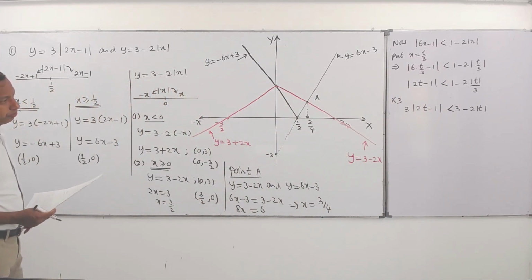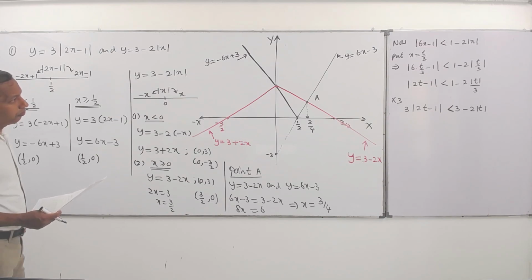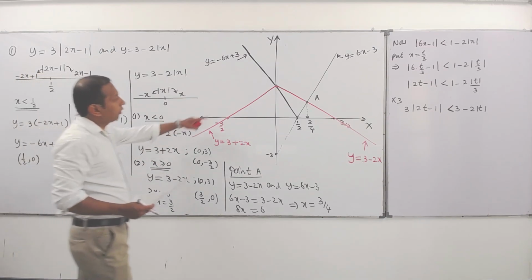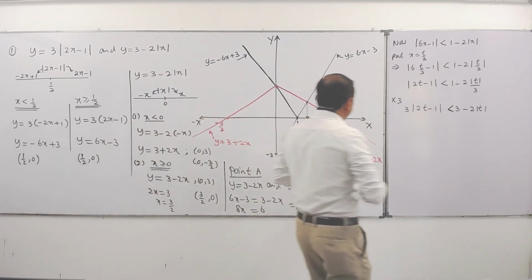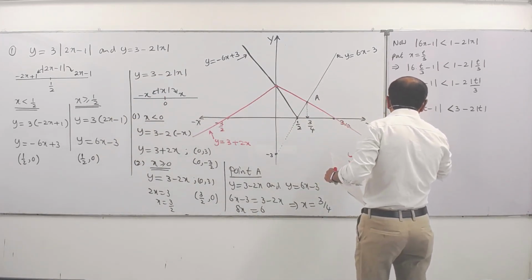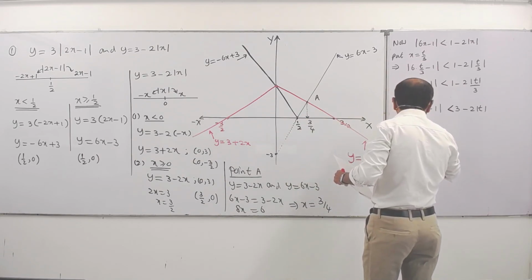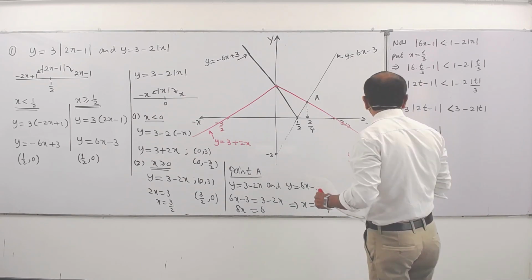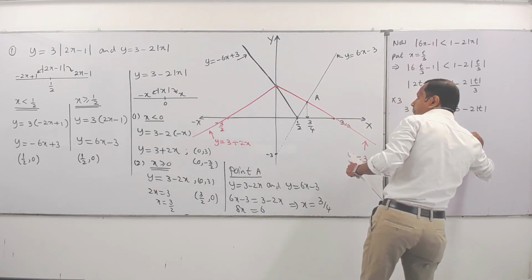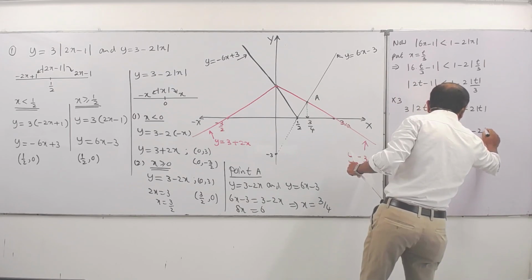That way we get. People, now, this black graph, this equation is 3 times |2x − 1|. The red graph is 3 − 2|x|.